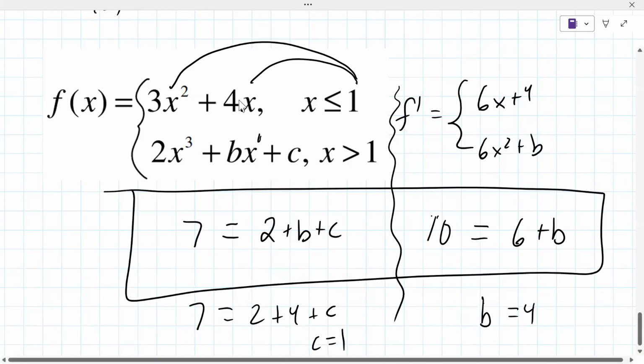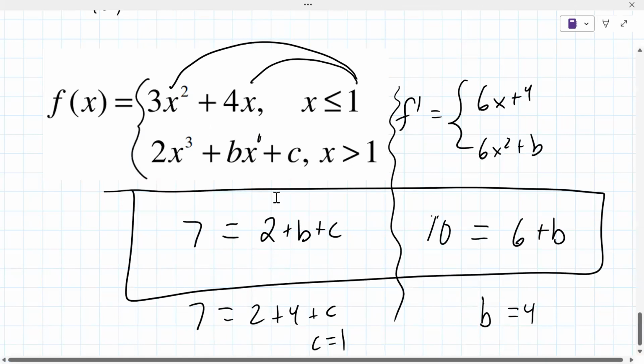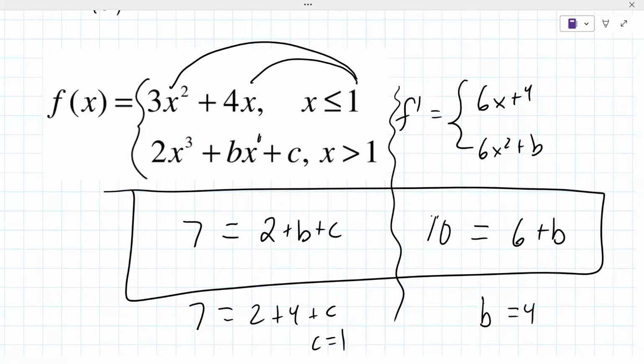The recipe here is you put whatever the piecewise value is back into both. You get an equation. Then you take the derivative of both and put the number back in. You get an equation, and that should be enough to solve for it.